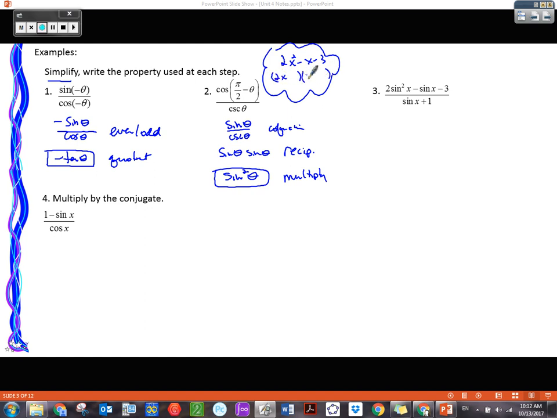Right, that would be 2x, that would be x. I know my signs should be different. One should be positive, one should be negative. Let's see, I know it's 1 times 3, so probably the 3 needs to go there, and the 1 there. Let's check that out, make sure that works. So we have 2x minus 3x, yeah, that's the proper factoring. Okay, so that's my thinking process, right?